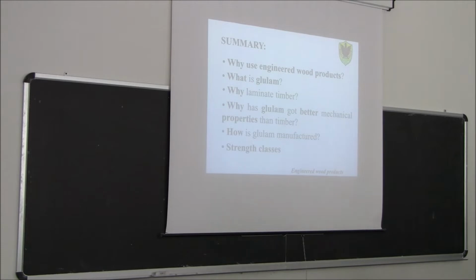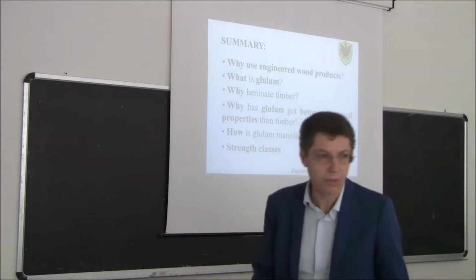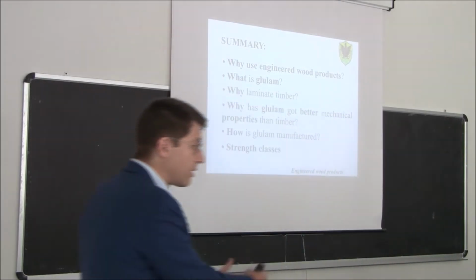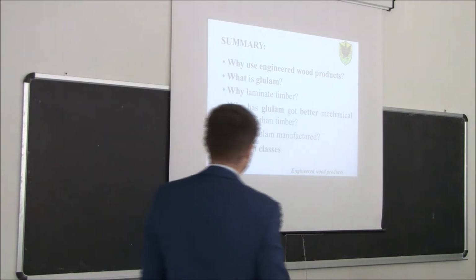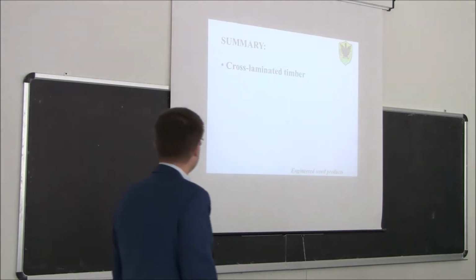So we need to know the characteristic strength also for glulam. So also for glulam, like for solid timber and for reinforced concrete, we will have to consider different strength classes. So we will talk about strength classes for glulam.